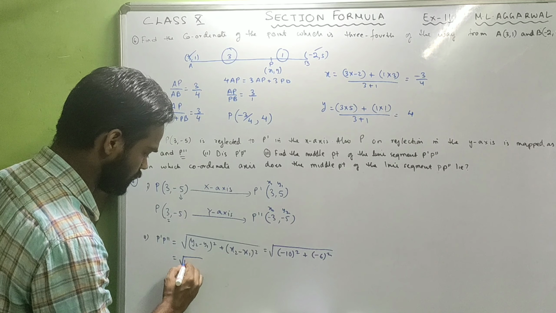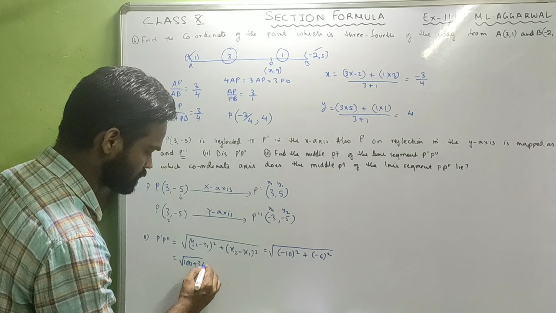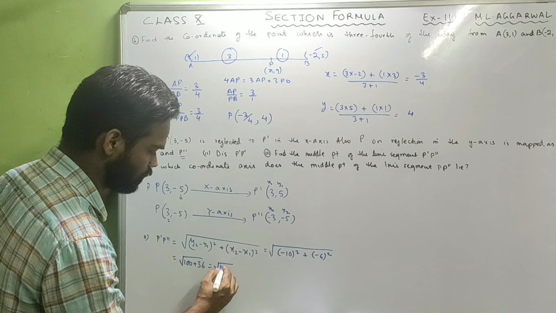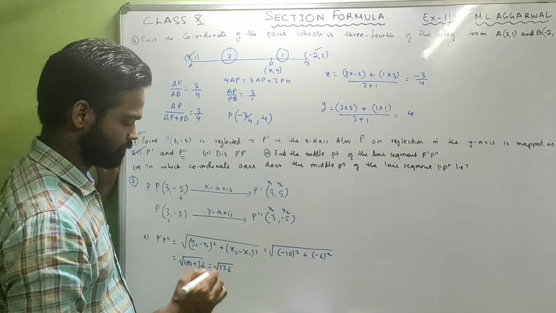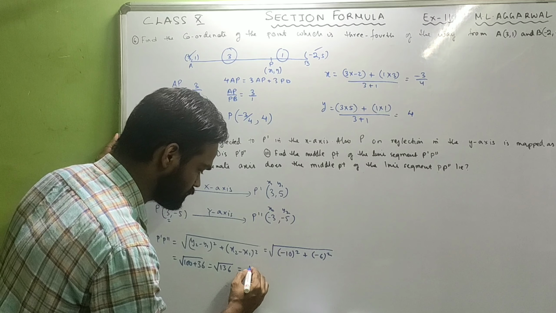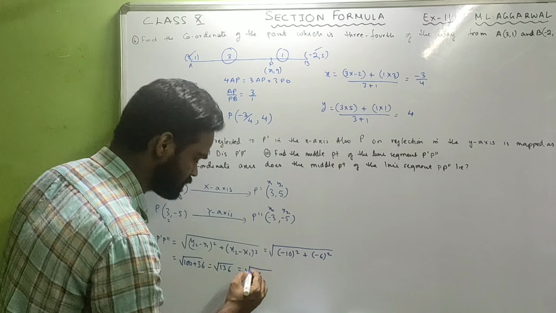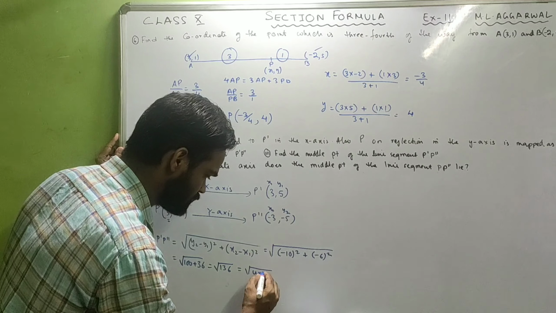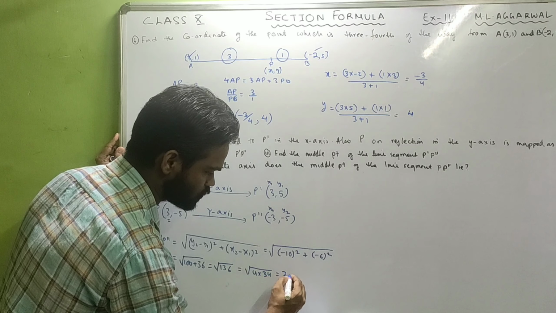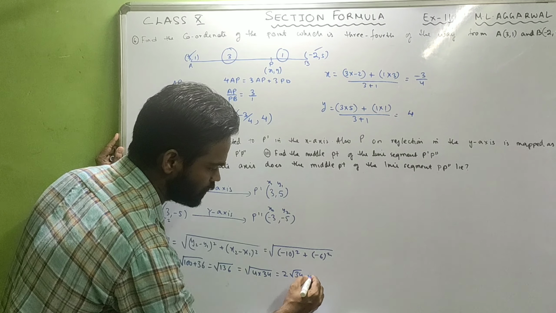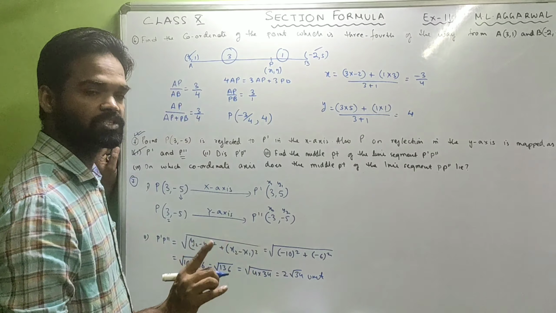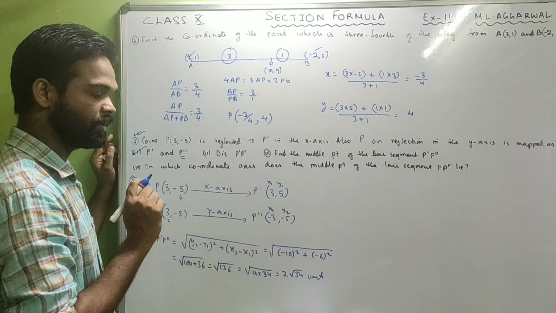That's root of 100 plus 36, that's root of 136. When we factorize it, that is twice root 34 units. That is the distance between P dash and P double dash.